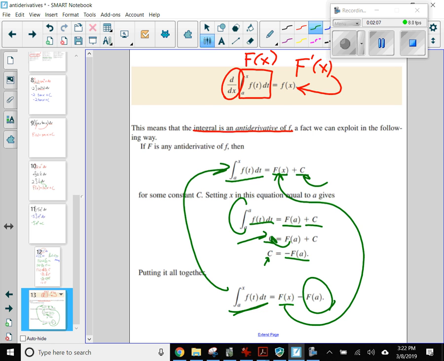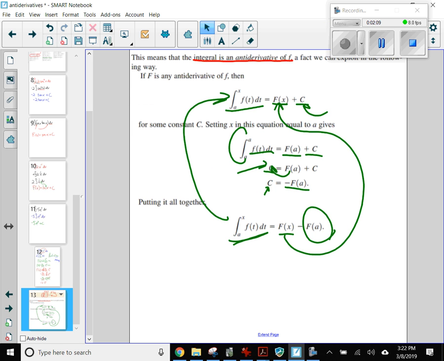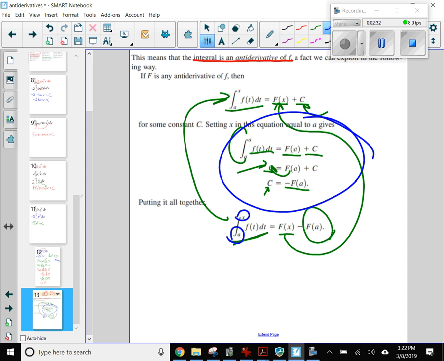So this is an amazing discovery here, because what it's saying is that if I can evaluate the antiderivative at x and subtract from that the antiderivative value at a, I get the value of the integral. Now I know it just seems like an algebra trick, and I guess in a way it is, but it works, and it's what we're going to use.